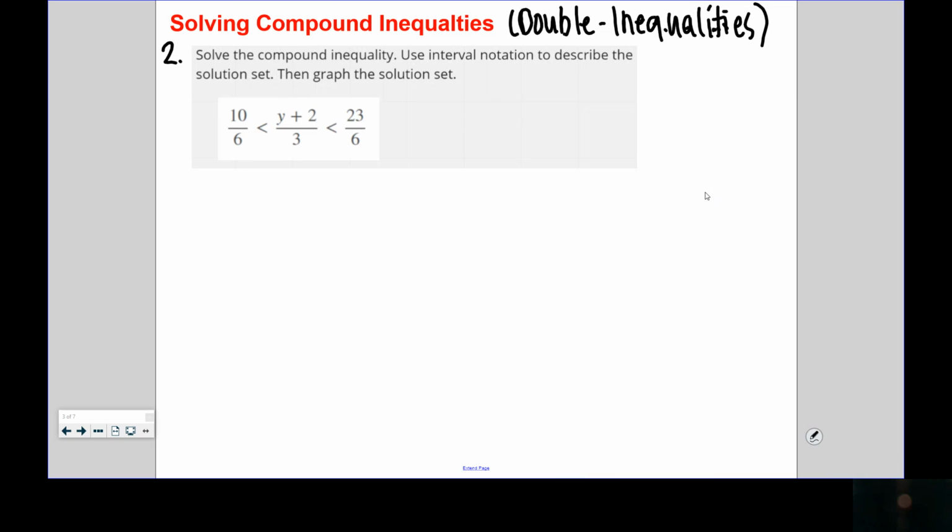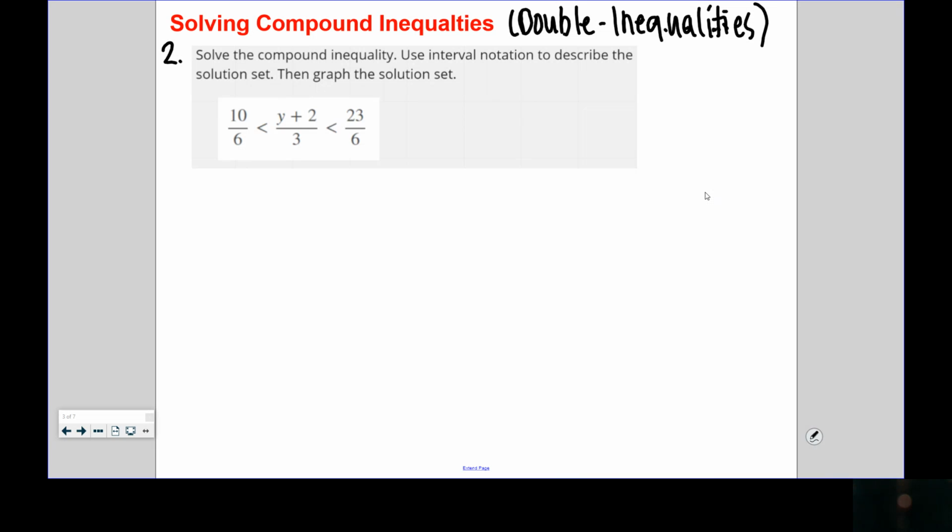All right, so when I look at this inequality, the first thing that I notice is all these fractions. These fractions look like they're gonna make this problem super hard, but we can easily get rid of them, and I'll show you how. Traditionally, you would approach this problem by getting rid of the denominator in the middle, or we can get rid of all of the fractions.